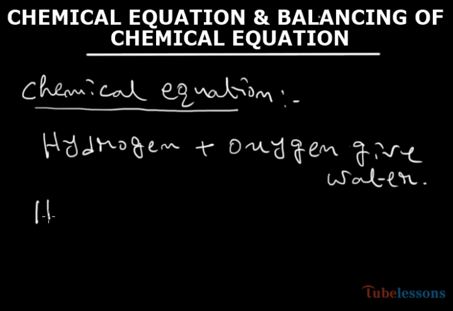Hydrogen, the symbol of hydrogen is H, and the molecular formula of hydrogen is H2. So, hydrogen is H2 plus oxygen, the symbol of oxygen is O, and the molecular formula of oxygen is O2. Hydrogen and oxygen react to give water.